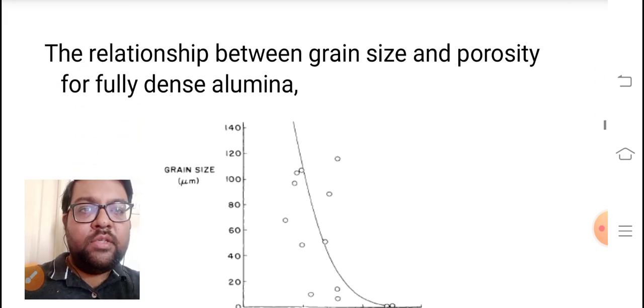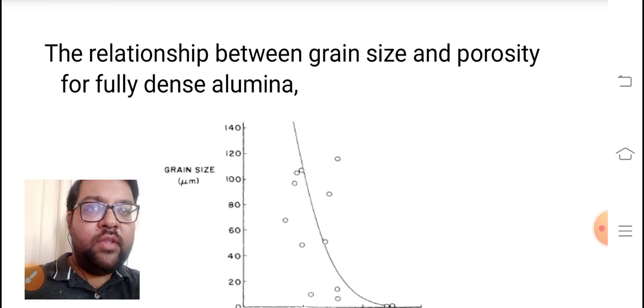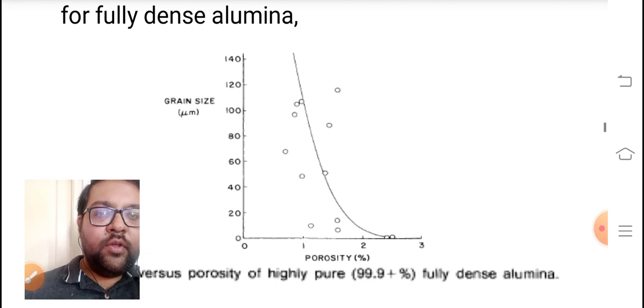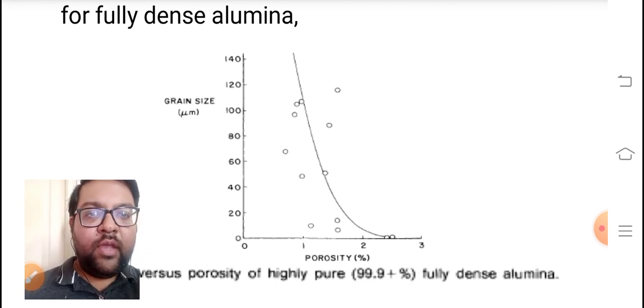So you can see in this graph the relationship between the grain size and porosity for fully dense alumina. From this graph we can understand what is happening as porosity increases. When porosity increases from 0, 1, 2, we can see that the grain size is reducing, from 140 down to 20.